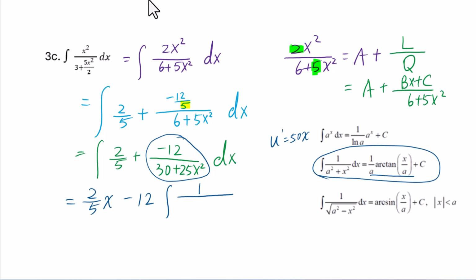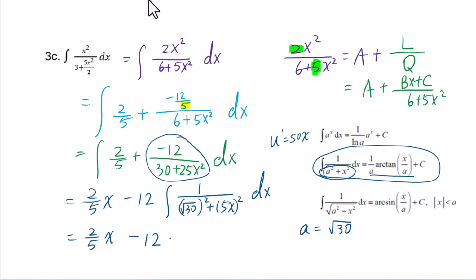Integral of 1 over, change into this form, square root of 30 squared plus 5x squared dx, equals 2 over 5 x minus 12 times, a equals square root of 30.